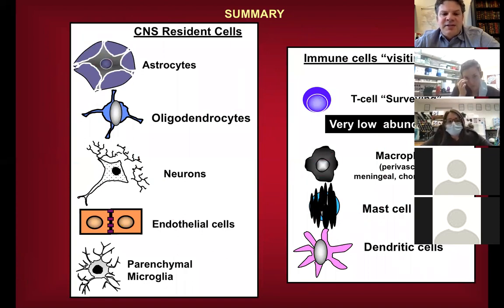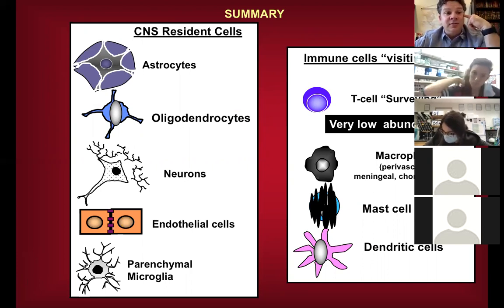And to kind of summarize this idea. My slide looks crazy with the nucleus. I don't know if your slide looks like that. I'm not sure why it's stretched out, but hopefully you can still read the names of the cells that are inherent to the brain: the astrocytes, the oligos, the neurons, endothelial cells, and the microglia, versus the immune cells, which would be in very low levels within the brain and would be just visiting.